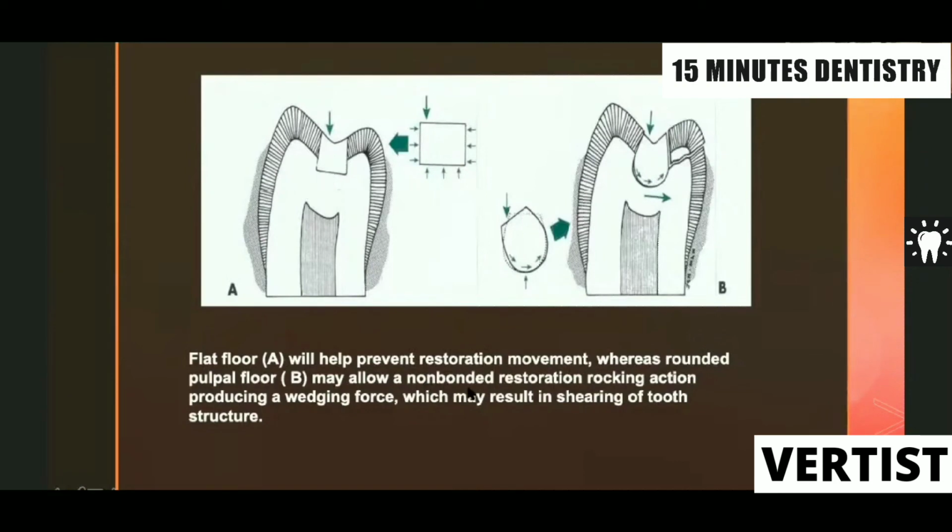No rounded pulpal floor, especially if it is a non-bonded restoration like amalgam. Maybe if you are using composite or glass ionomer, where we are using bonding mechanisms, then you're okay with not having very, very flat line angles. Okay. So these points you must be able to understand, you must be able to print out, you must be able to speak.